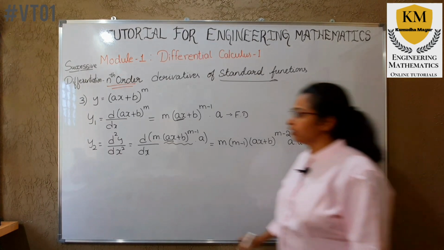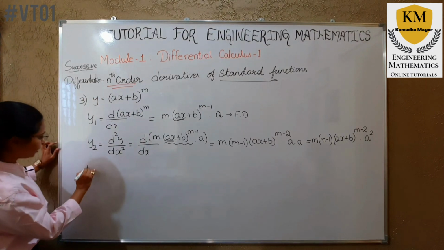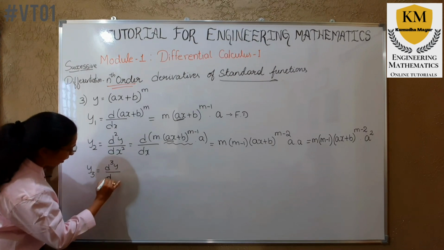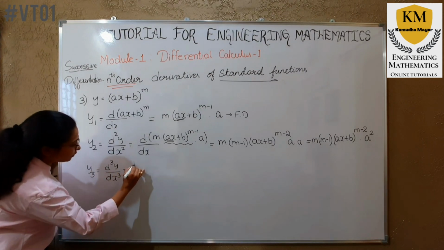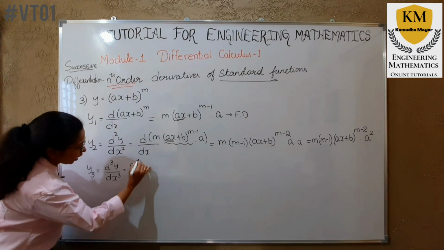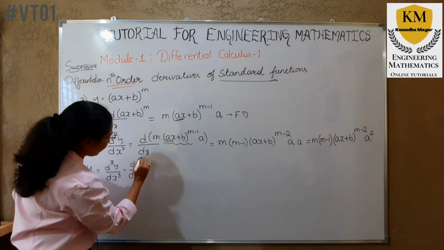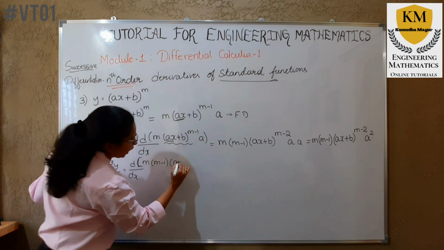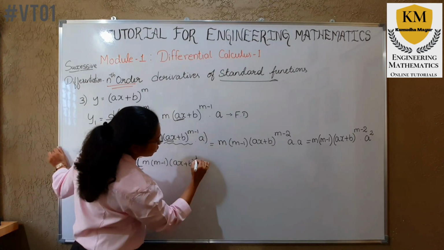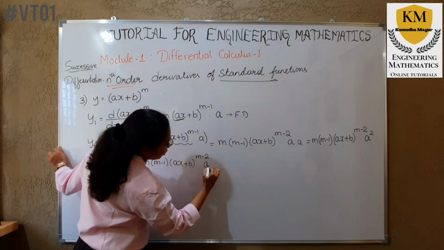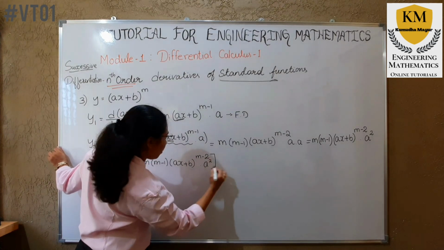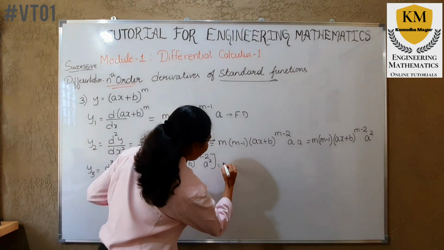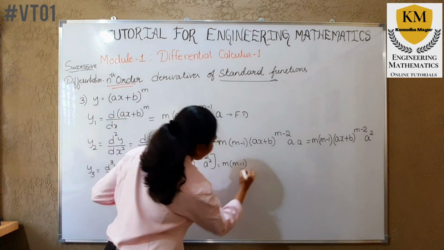So let me go for the third derivative, y3. That is nothing but d cube y divided by dx cube. That gives you d by dx. Anyway, I know the second derivative says m into m minus 1 into (ax plus b) whole to the power m minus 2 into a squared. When you differentiate this, you are going to get m into m minus 1 is a constant. Let me write it as it is.